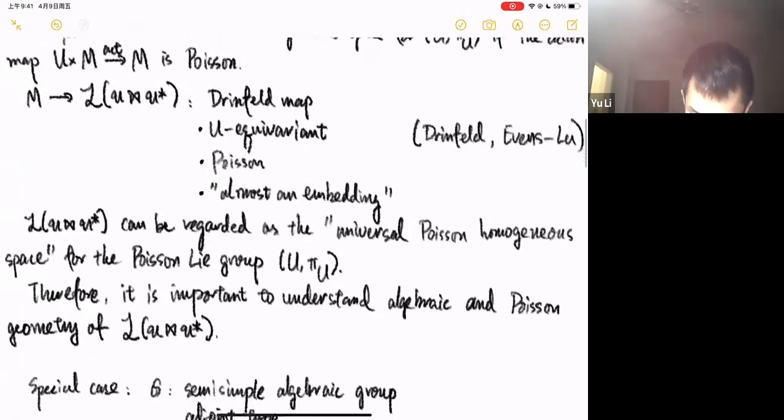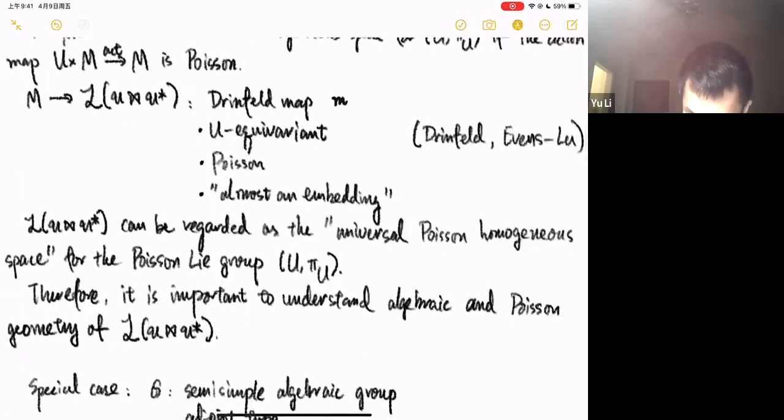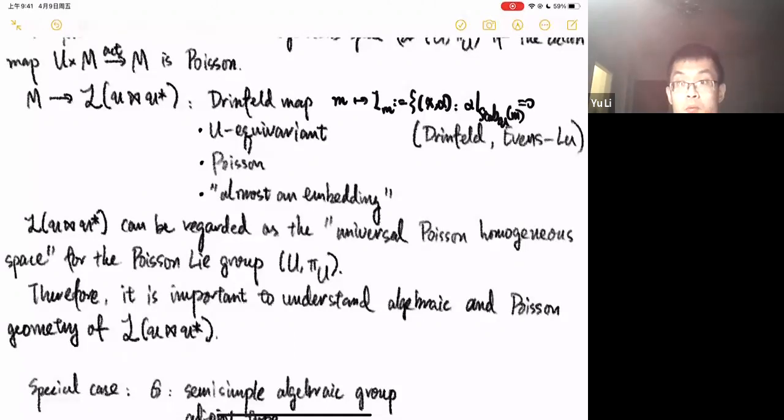What it does is it sends a point small m to L sub m, which is all pairs (x, alpha) inside the Drinfeld double such that alpha restricted to the stabilizer in U of m is equal to 0. That way I can think of alpha as a covector on M at the point small m.